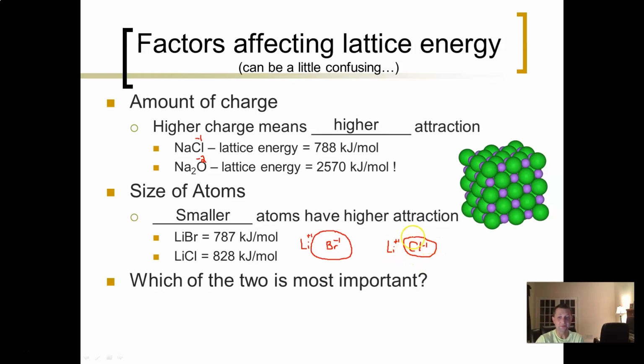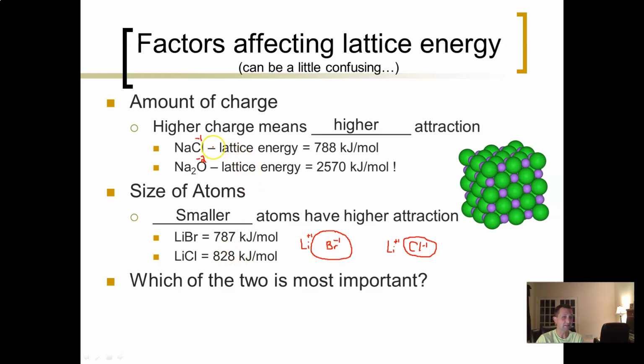Chloride ion only has 3 levels, so lithium could be as close as that 3rd level, theoretically, right? Bromide is with level 4, so lithium could only be within 4 levels, theoretically, of the other ion, right? So because they're further away here, the attraction is less. The lattice energy is less, 787. Here, closer together, 828.